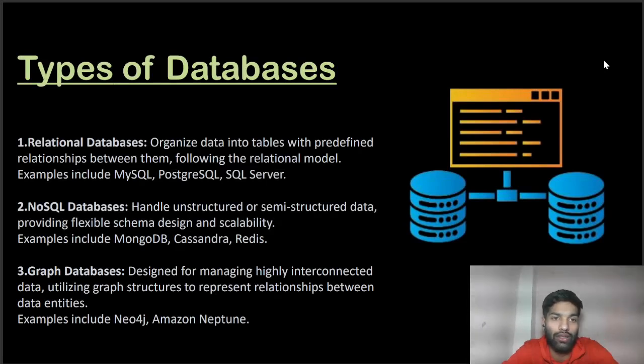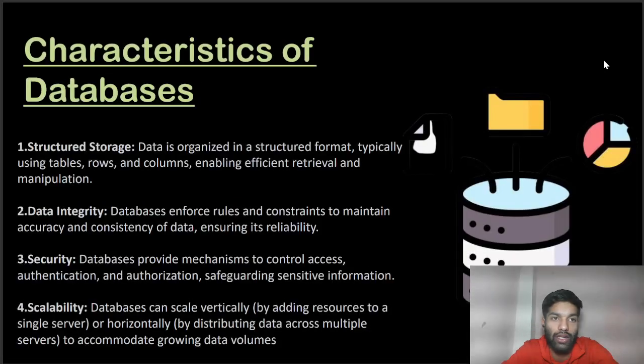Firstly is relational database, NoSQL database, and the graph database. After the types of database, characteristics of database comes. Here are some characteristics of it. First is structured storage, data integrity, security, and scalability.